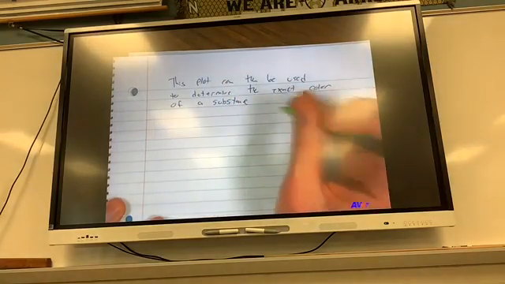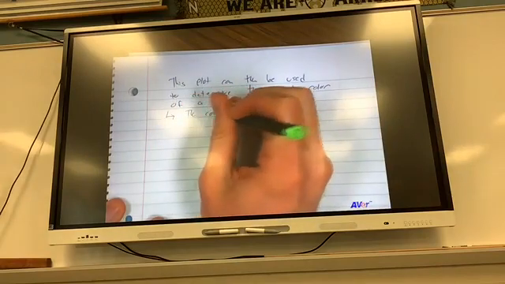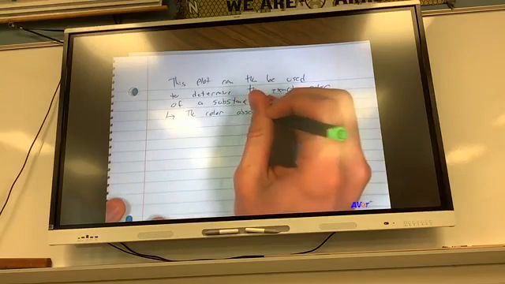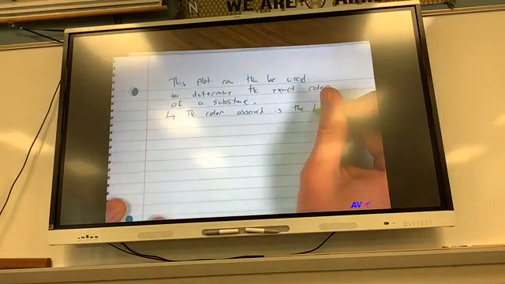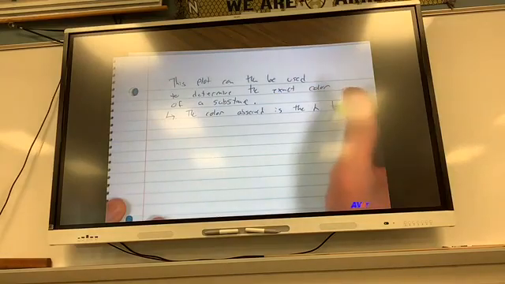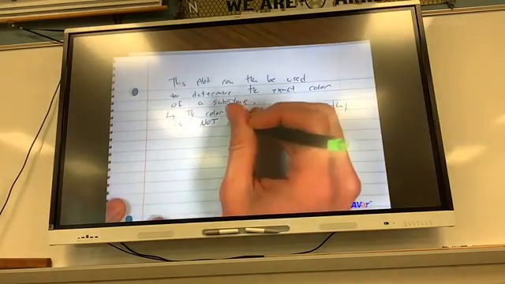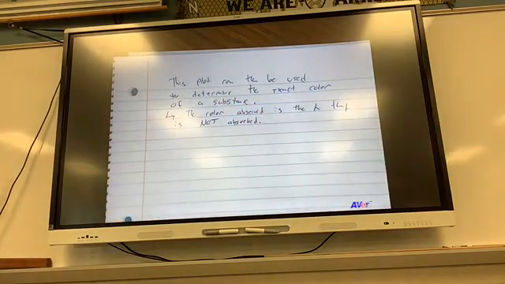Of a substance. So this means the color observed is the wavelength that is not absorbed. You have to think about that, right?